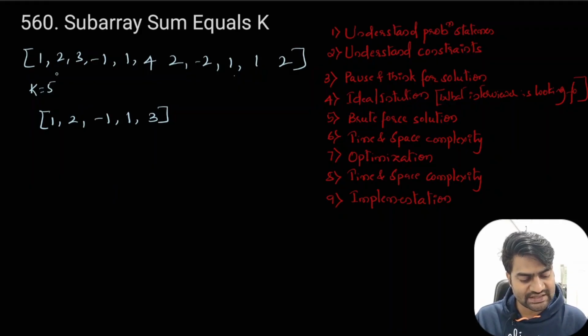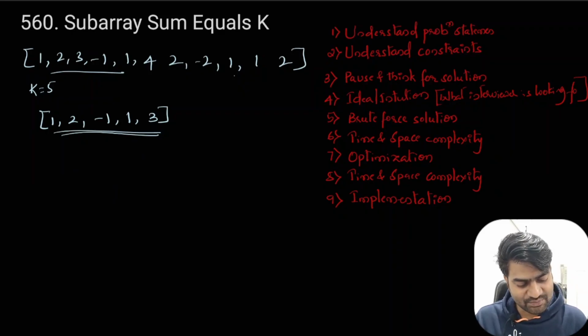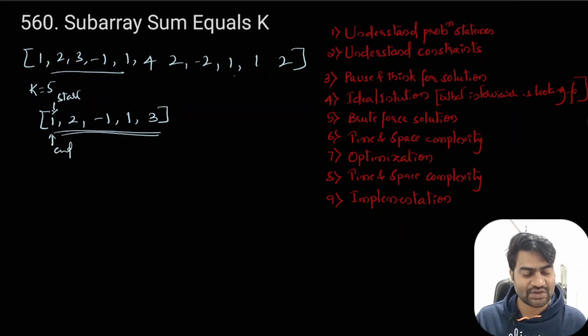Before considering this example, I will consider this small example to show how to generate the subarrays. I will take a pointer, this one I will call start or left, and this one I will call end or right. Whatever comes between start and end is basically a subarray.